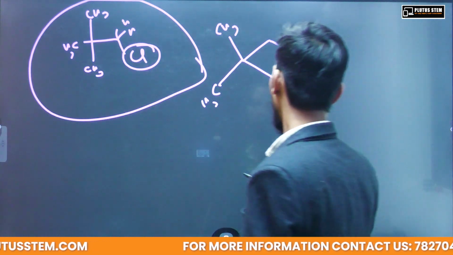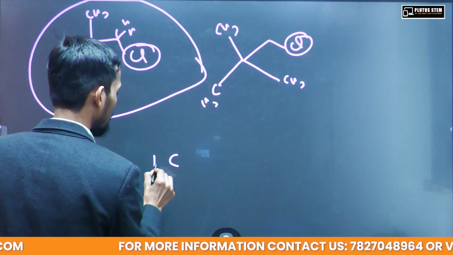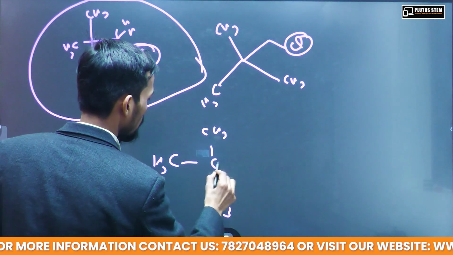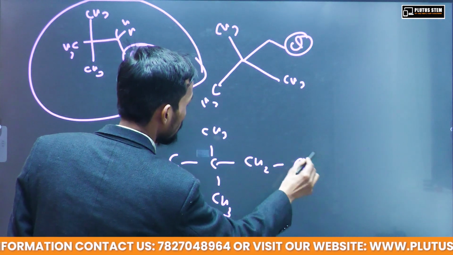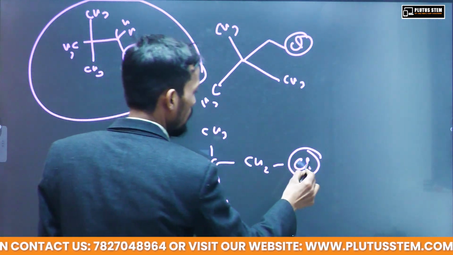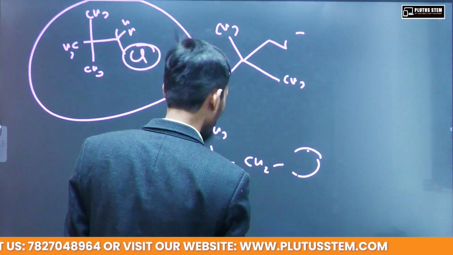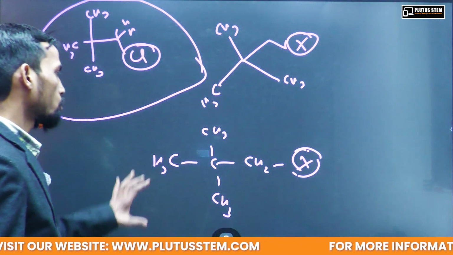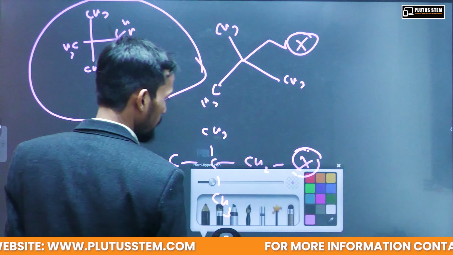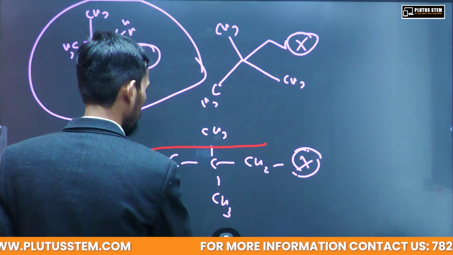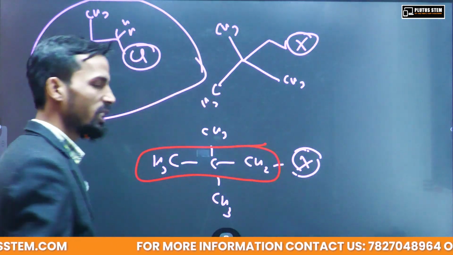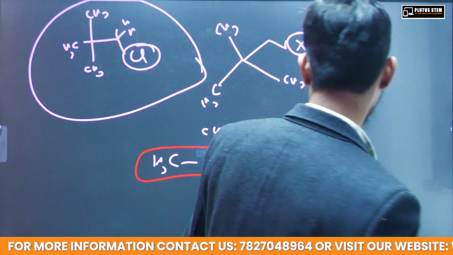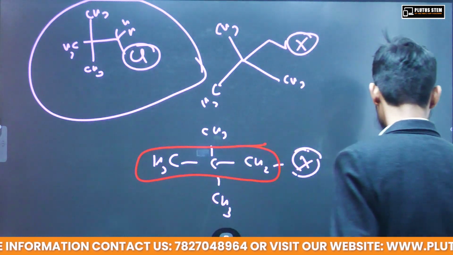The structure can simply be drawn like this: CH3, CH3, CH3, CH2, Cl or X, whatever it may be. We are taking X, so it is better if we take X only. Clear? The principal chain over here will be this one, on which the halogen is being attached. So this is the way we can know these isomers.